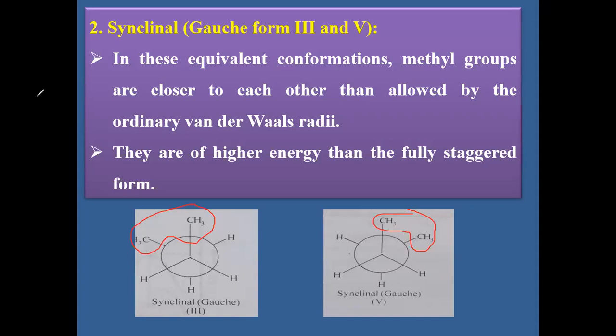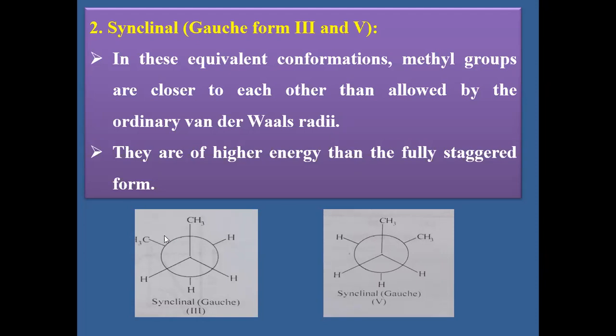And clinal means methyl groups are not in the same plane. So here methyl groups are not in the same plane, and that's why these are called synclinal. So for synclinal we have a total of two forms, number three and number five. Now in these equivalent conformations, methyl groups are closer to each other than allowed by ordinary van der Waals radii.